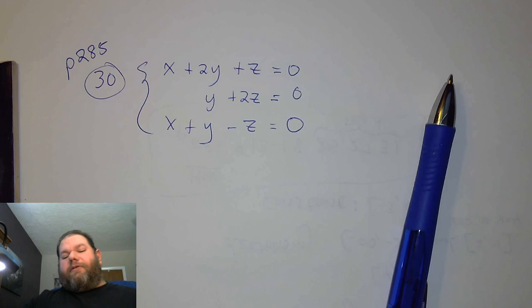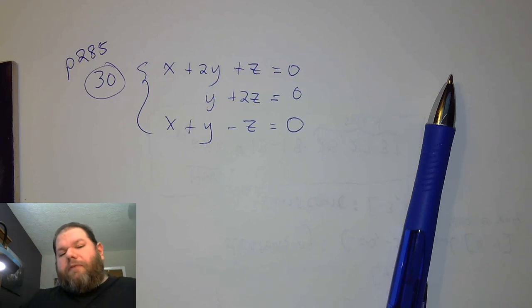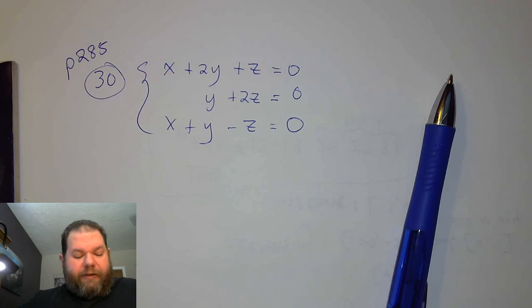All the numbers are zero, so at least there's one solution. When everything's equal to 0 on the right-hand side, our answer is x equals 0, y equals 0, and z equals 0. There's nothing interesting about the answer, but it's the process we want to focus on, working with reduced row echelon form and how to get there.